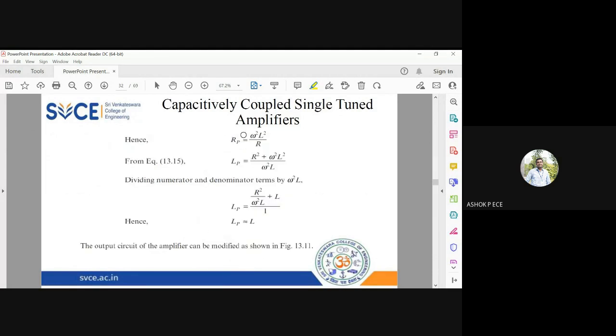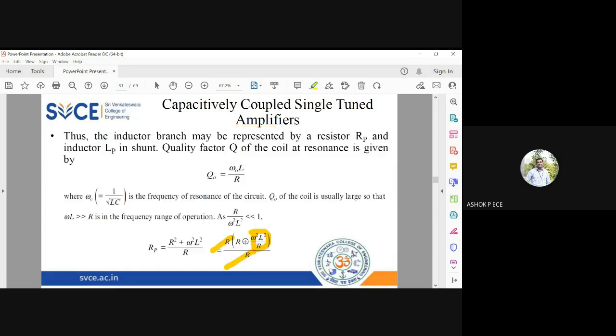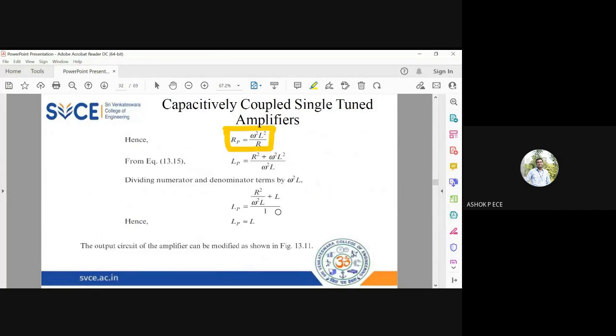So I can write RP is approximately equal to omega square L square by R. Practical inductors will have this resistance, but the resistance value will be very, very small. So when you compare the first and second terms inside the bracket, the first term is very, very small and the second term is very, very big because it is high frequency operation, so omega will be very, very large. So the first term can be neglected. So RP is approximately equal to this term, omega square L square by R.